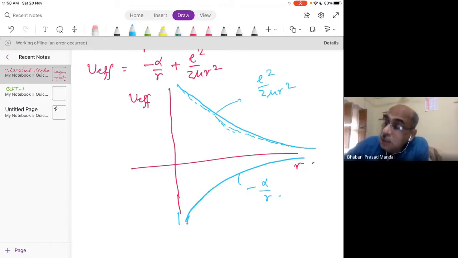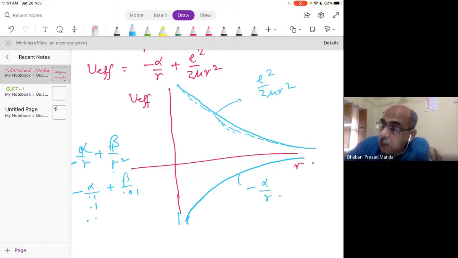Yes, it will be positive infinity, because 1 over r, this is minus, and plus 1 over r square. Whatever, alpha and say beta, these are going to 0, but this is going to plus infinity much faster. Because at r 0.1, this will be alpha by 0.1 on the minus side, and then beta by 0.01, so 10 times faster.